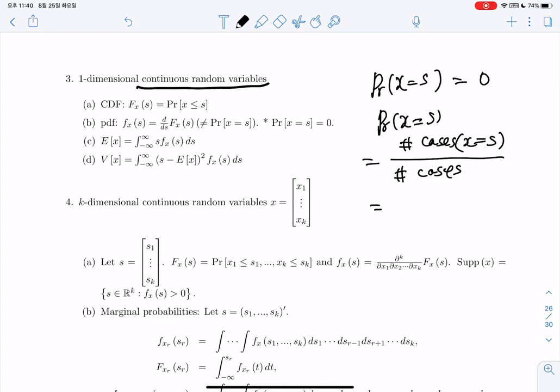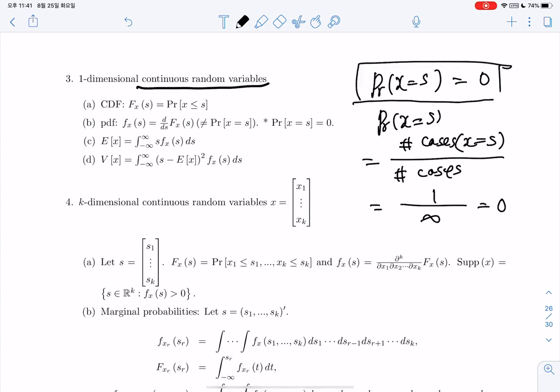When x is a continuous variable, the total number of possible cases is infinity, and the number of cases that x is s is just 1, so it's 0. That's the most intuitive understanding why when x is a continuous random variable, this point probability is 0.